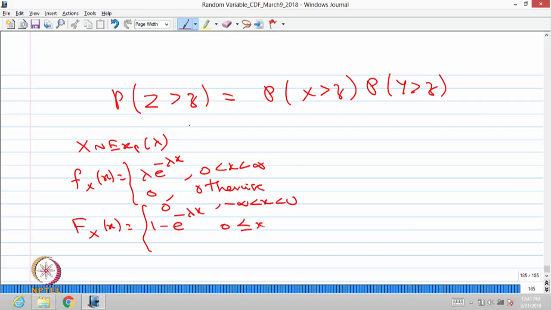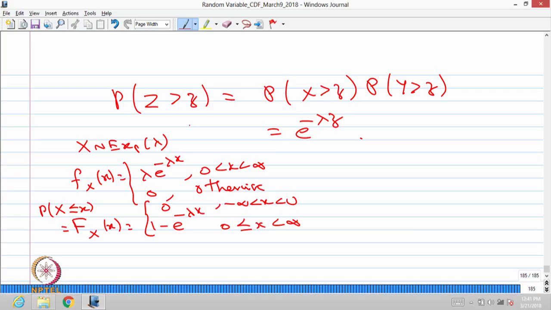From 0 onwards, it is 1 minus e power minus lambda x. So I am going to use this result for the probability that x is greater than z. The CDF is the probability that x is less than or equal to small x. What I want is the probability that x is greater than z, which is e power minus lambda z.